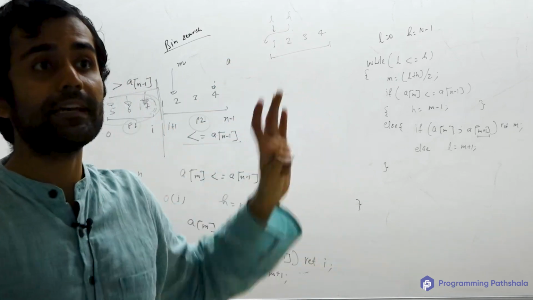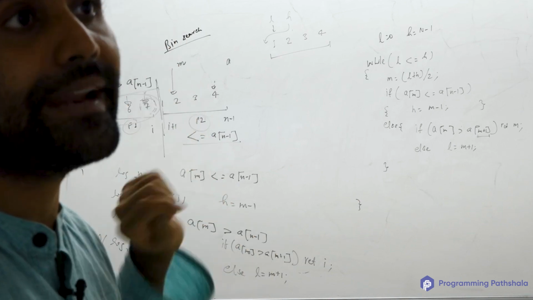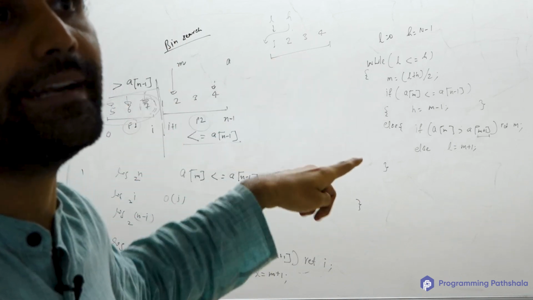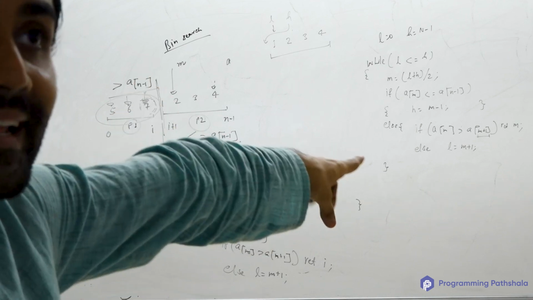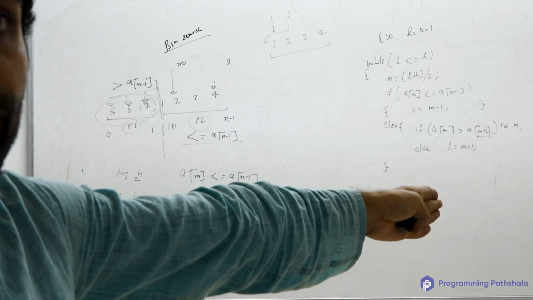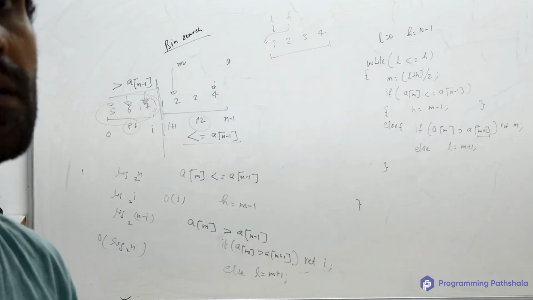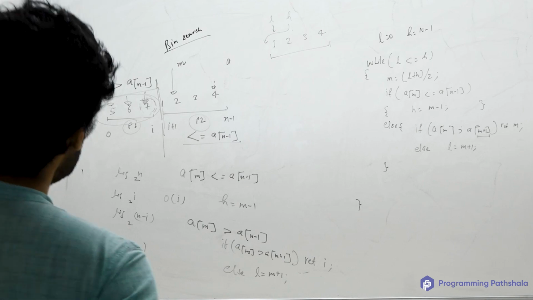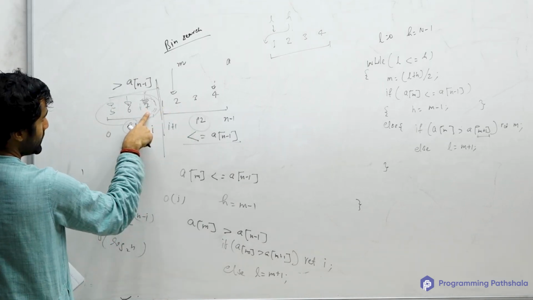So if there is no rotation at all, in that case there is no break point. So you will simply terminate, but that error will not happen. It will never happen that the check A[m] greater than A[m+1] happens for the last index, because the last index can never be a peak.